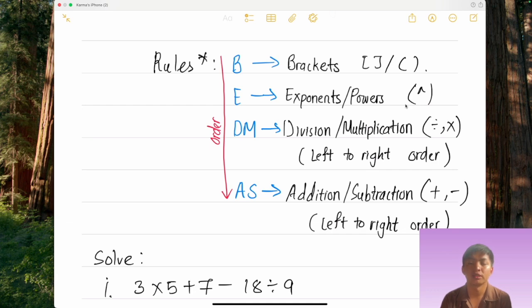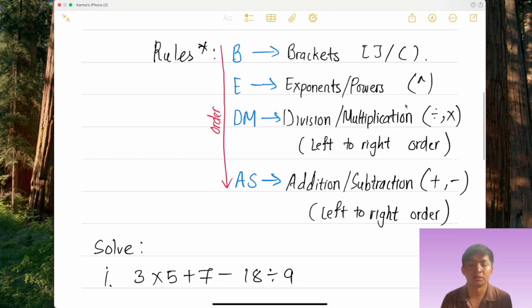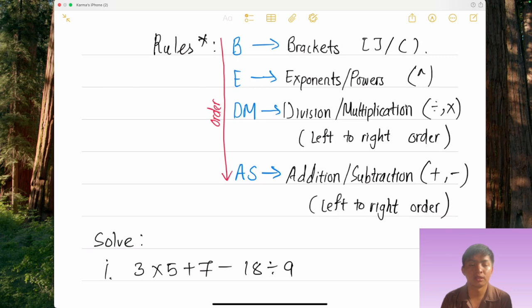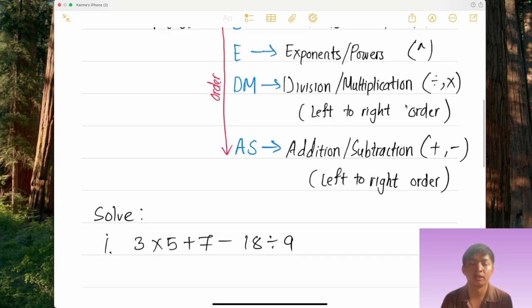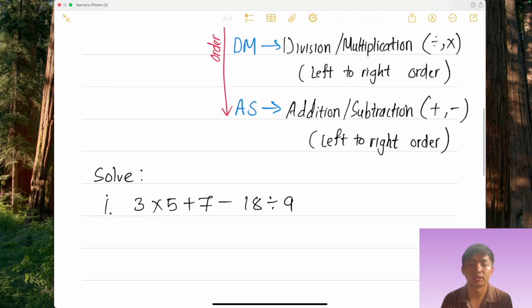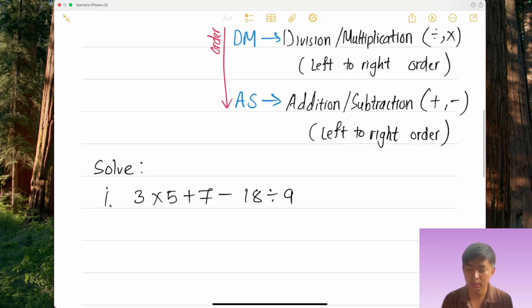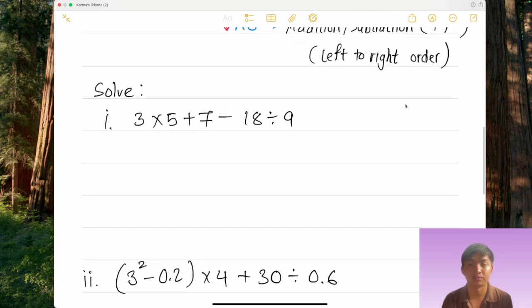So whichever is to the left gets operated first, then the right, and only after division and multiplication do we do addition and subtraction. And if they are both present in the expression, then again we go from left to right. So make sure you remember these rules before we move on to how to solve an expression using the rules.